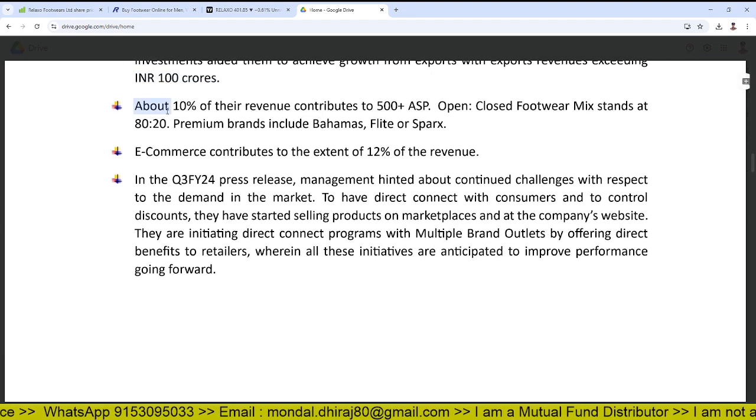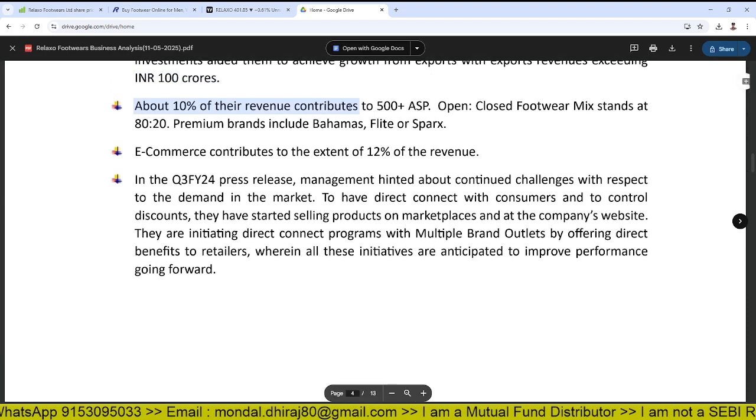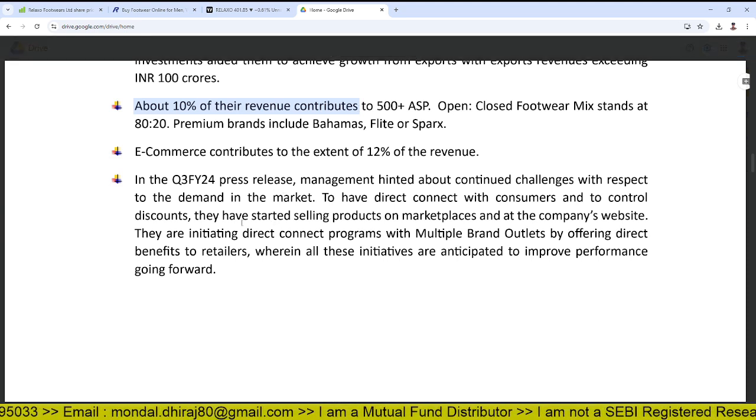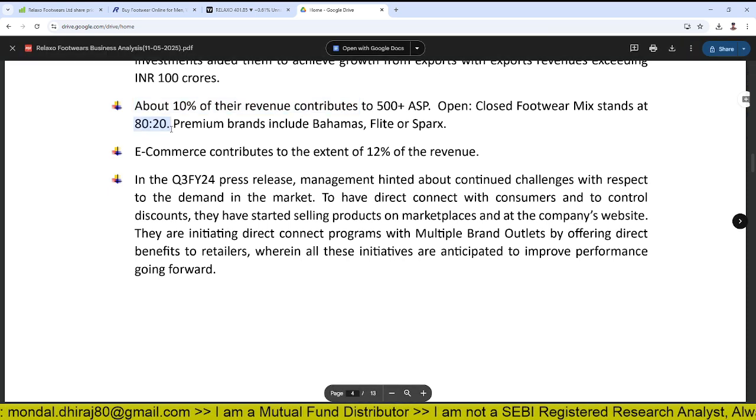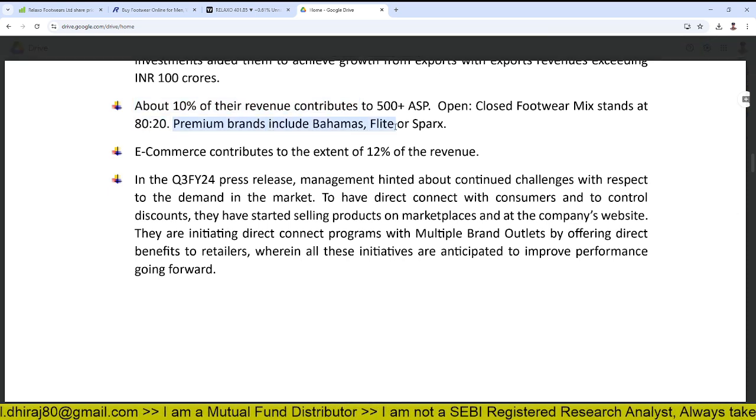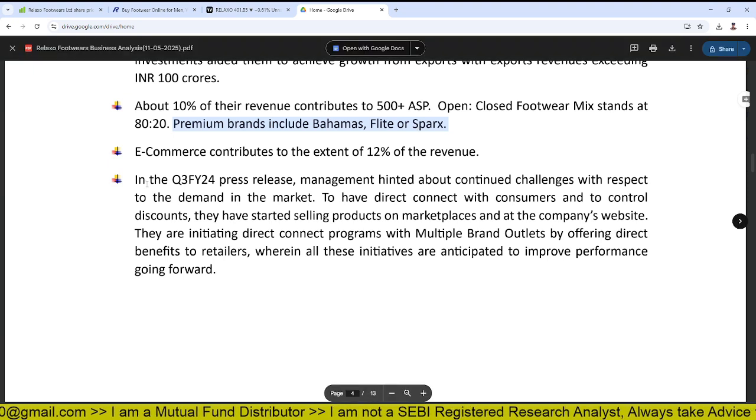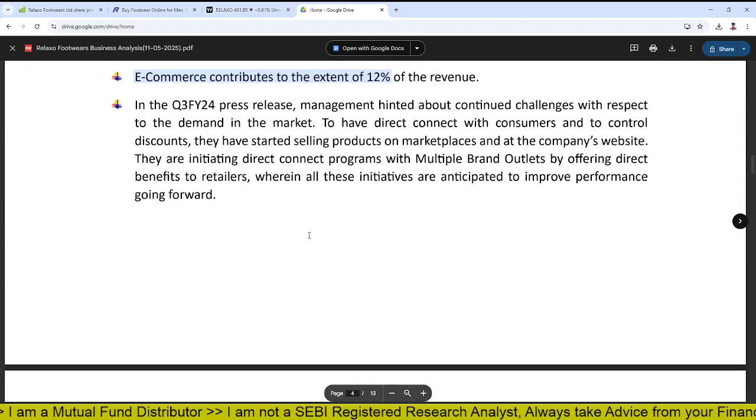Next positive point, about 10% of their revenue contributes to 500 plus ASP. Open to closed footwear mix stands at 80:20. Premium brands include Bahamas, Flight and Sparks. And also the e-commerce contributes to almost 12% of the revenue.